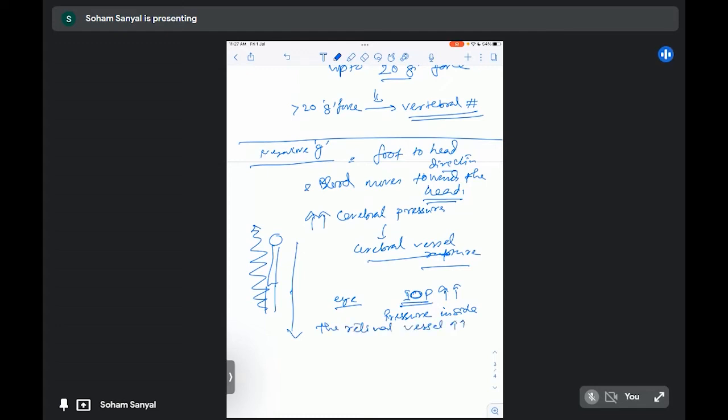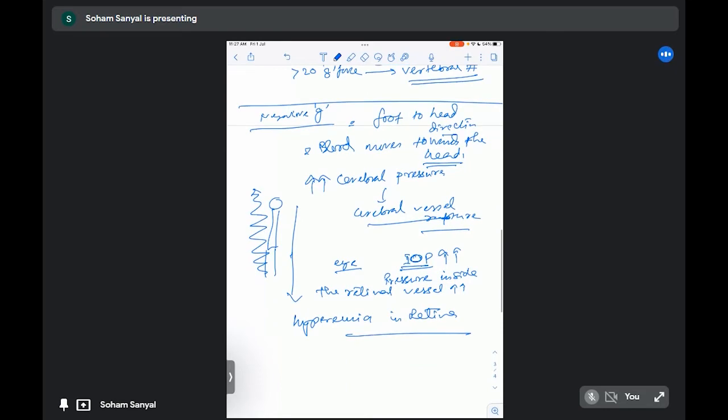So there are instances that there will be all of a sudden hyperemia. Hyperemia means more and more blood in the retina, hyperemia in the retina. So definitely because more blood is going over there, the person experiences something which colloquially we say red out. What is red out?